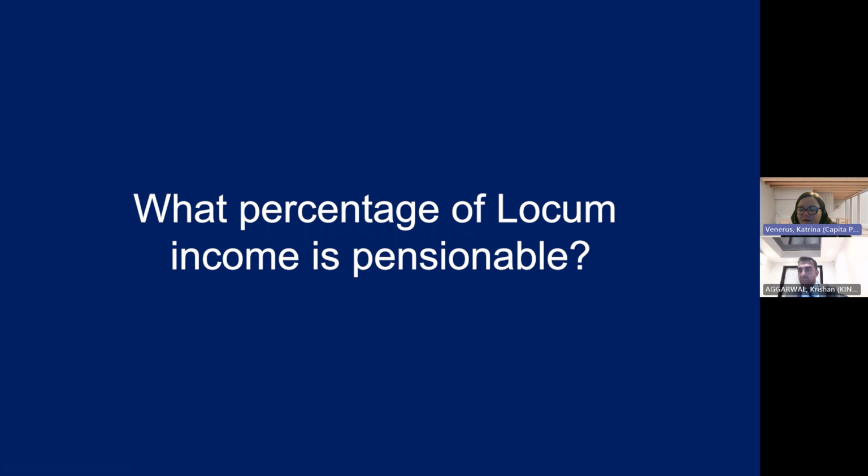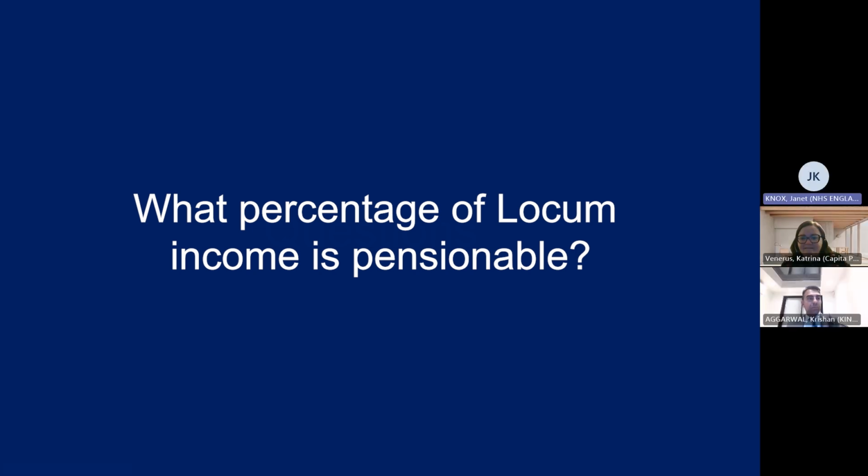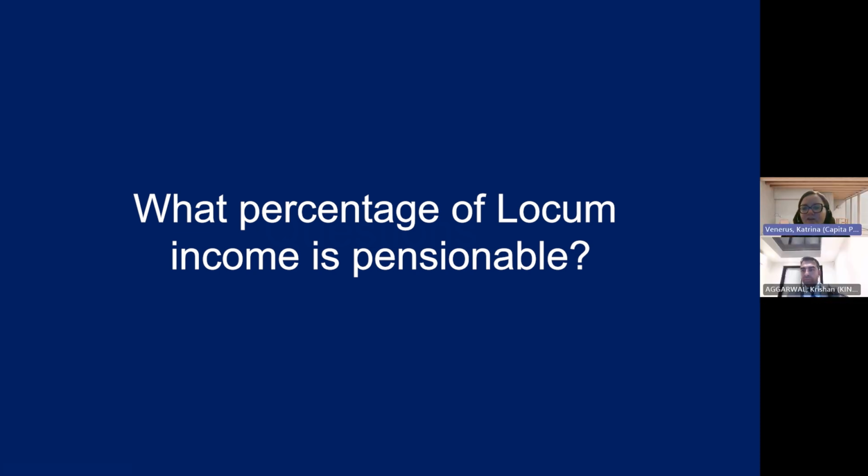Well, you covered the one where I've said the gross pay for your salary post, but there's a question on there about locum. Obviously, it's 90% of income that's pensionable. So can you just cover that one, please? Thanks, Janet. So for your locum work, it's 90%. You'll see on your locum A and B forms that it clarifies that it's 90% of the locum income that is pensionable.